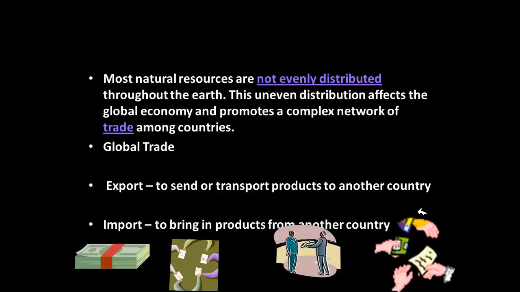Because different people live in different places, it's easier for some to grow crops, or easier for certain people in certain areas, because of their location, to fish. Because of this, people have developed trade as a way to get products that they would not have access to in their area. And global trade has emerged between all the countries of the world.